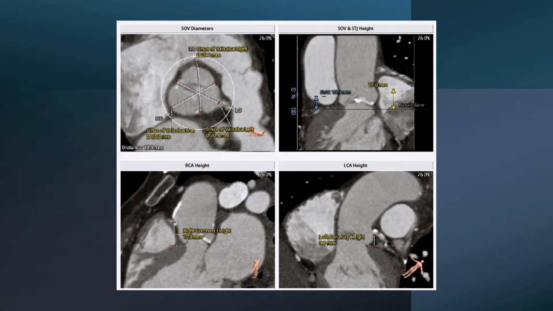These are the dimensions where we can see the calcified coronaries and the height of the coronaries, and this tells us how the patient is going to behave. There is no LVOT calcification and no annular calcification, so the chance of the patient needing pacing post valve deployment is less.